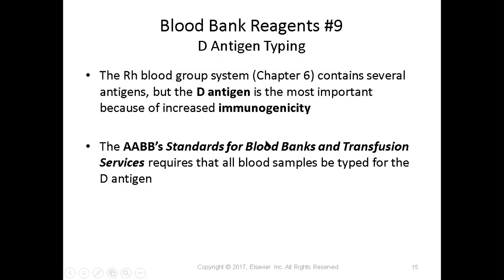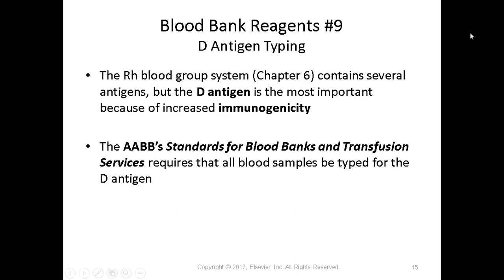We'll be getting into details later about what we do in cases of transfusion with regard to this big D antigen. But just know for now that when an individual has the big D antigen, we call them RH positive. When an individual lacks the big D antigen, we call them RH negative.